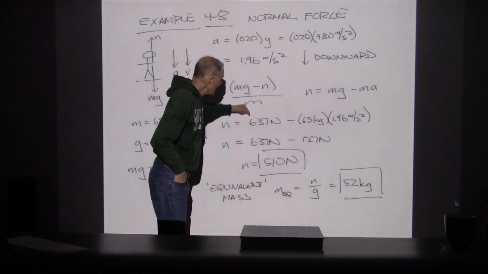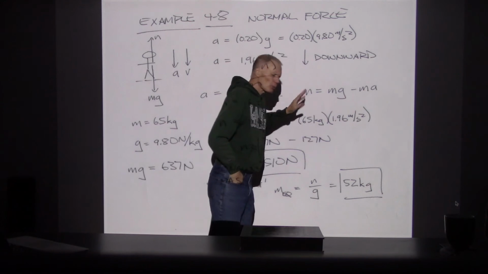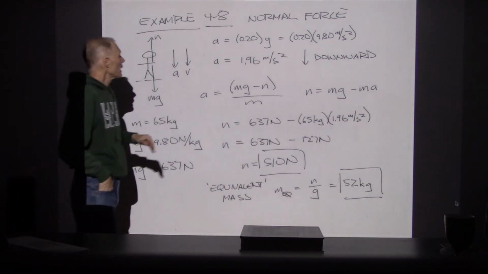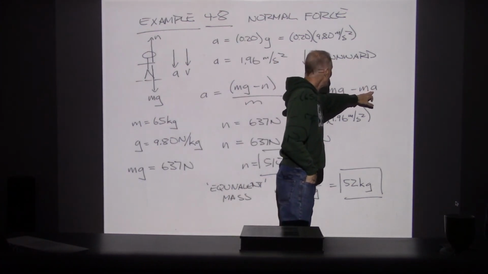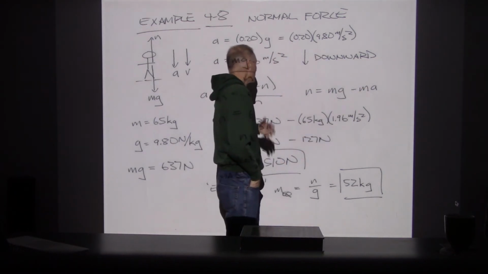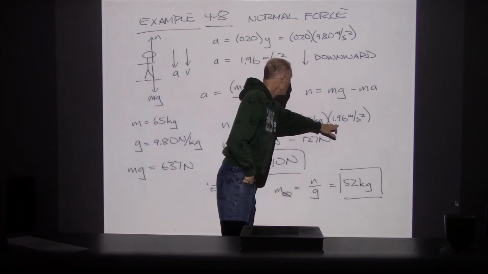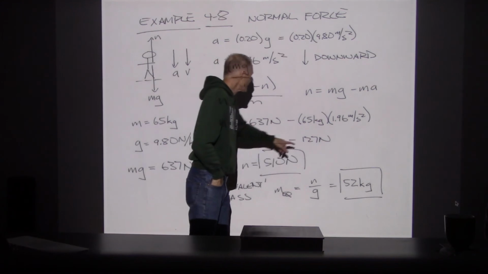So here is the mg value. Here is the acceleration. So the normal force doesn't need to be quite as large. The normal force does not need to be as large as mg because there's an acceleration in the direction of the gravitational field. So the normal force will be reduced from what it was. And we can calculate by how much by taking m times a and subtracting that off.